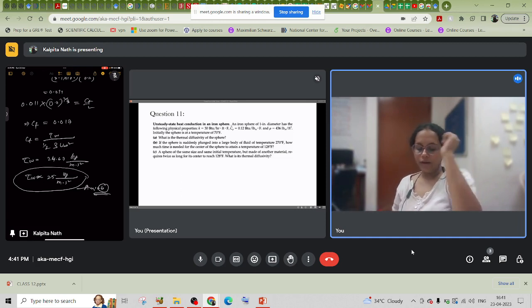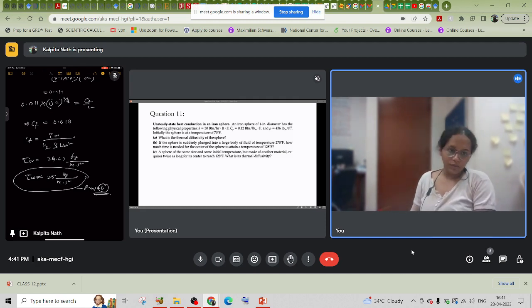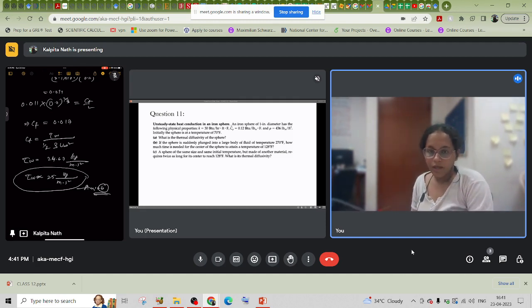And by seeing the relation of alpha, the thermal diffusivity, with time, and taking that ratio, we can find out the answer to part C of problem number 11.